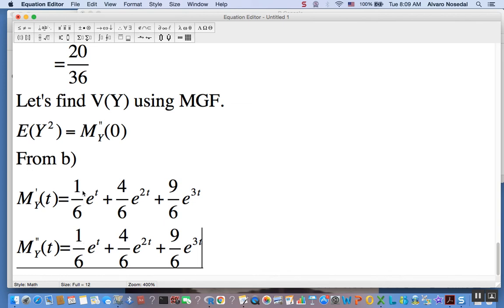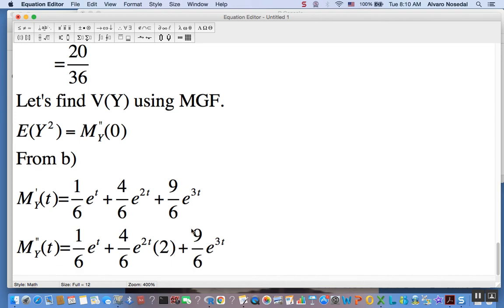Let me modify that. Now we want double prime here. So the first derivative of the first term in that sum, 1/6 e^t, is that guy, right? Now we have a constant times e to the power 2t, right? So it's going to be this guy times the derivative of 2 times t, which is just going to be 2.